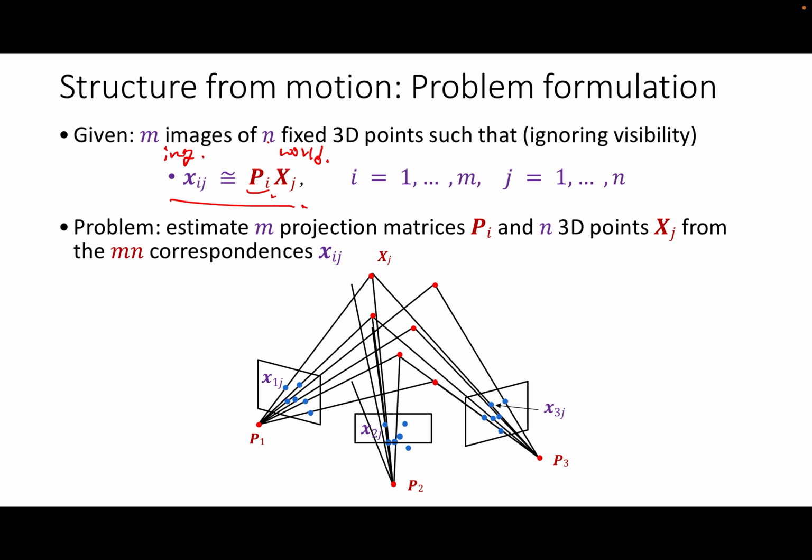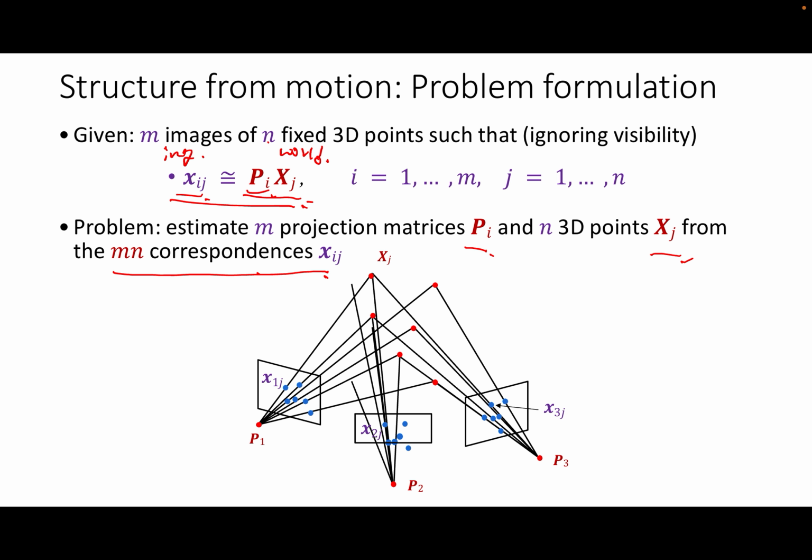So our goal is this: the purple one is what we have, and the red ones are what we want to get. The camera projection matrices and the 3D world coordinates of the points. That is what we want to get. The problem is to estimate m projection matrices, Pi, and n 3D points, Xj, from the mn correspondences, xij.